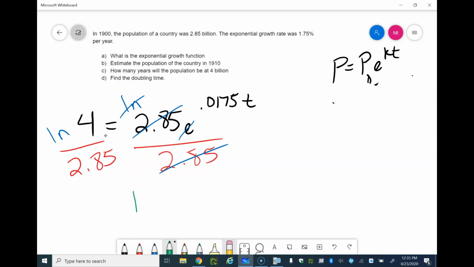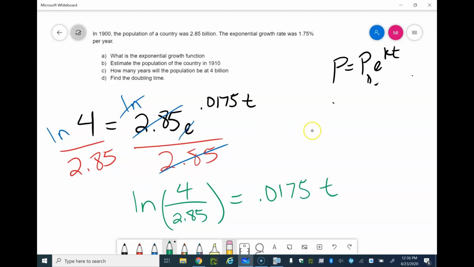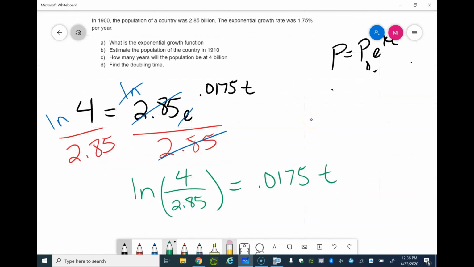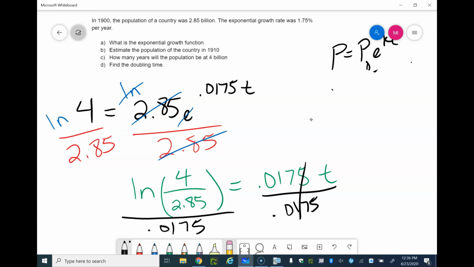So we have the natural log of 4 over 2.85, you can put that in parentheses if you would like, equals 0.0175 t. Then we're going to take this whole thing and divide it by 0.0175. Those cancel, and that gives us what our t should be equal to.